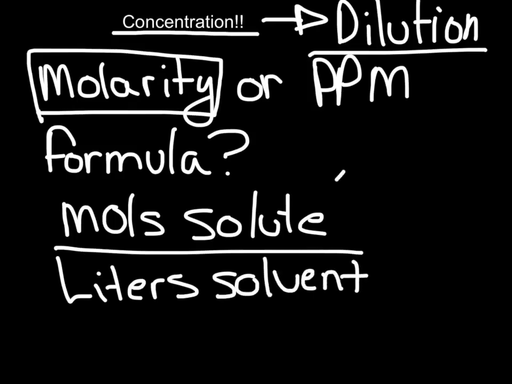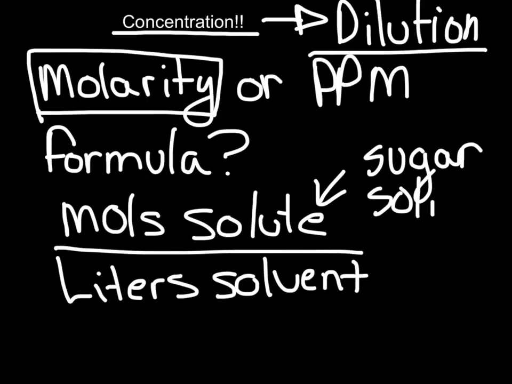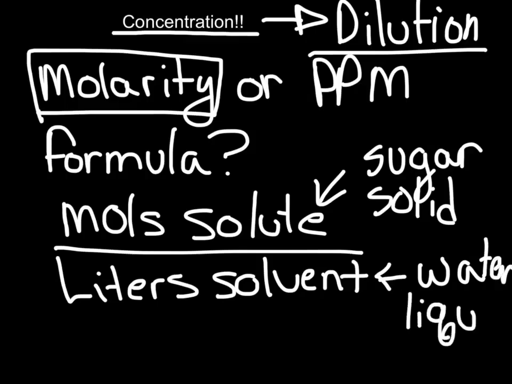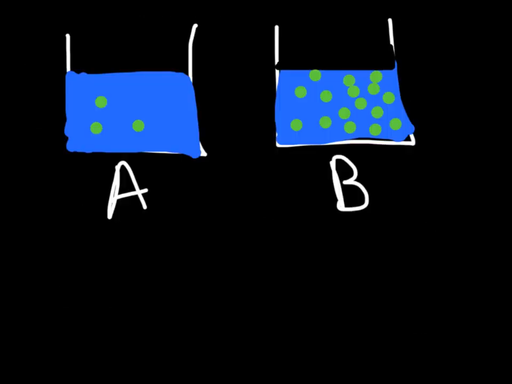When you hear the word solute, you might think sugar or solid. And when you hear the word solvent, you might think water or liquid. Now we are going to compare two beakers.